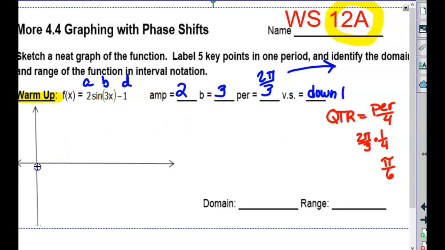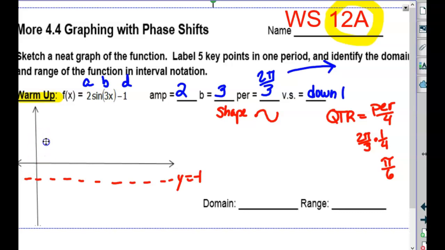Now, it's a sine graph, so where does it start? Yeah, at 0, except this one has been shifted down. All right, you can relabel this as the midline, y equals -1, or you can actually draw a midline down at y equals -1, your choice.